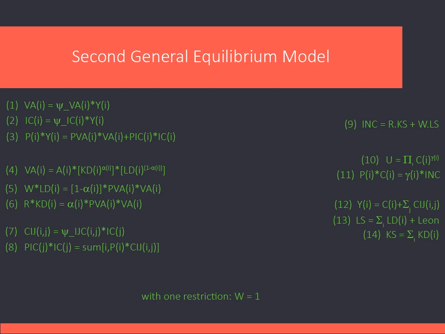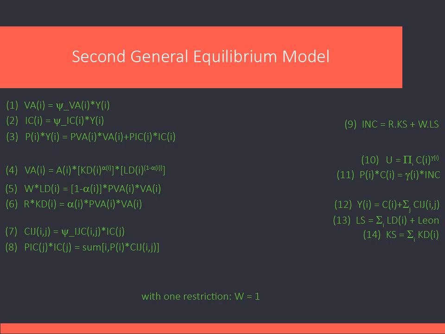So here is our second general equilibrium model, which is a little bit more complicated and more realistic than the previous one, because here we have 3 goods instead of 1, and we have intermediate consumption. So the model consists in 6 blocks of equation. The first 3 blocks are production blocks.